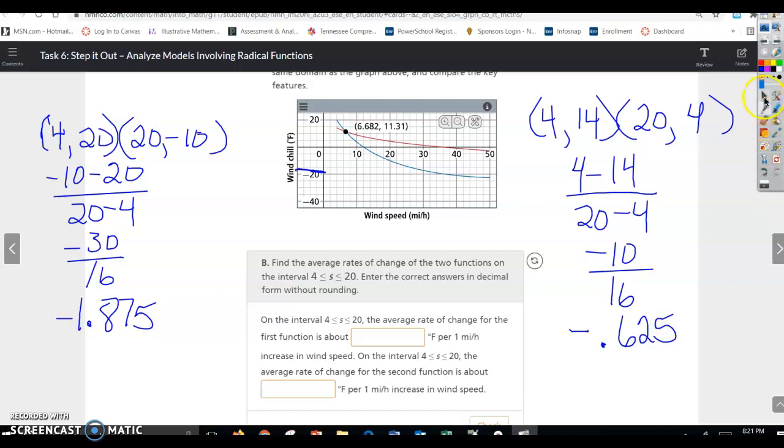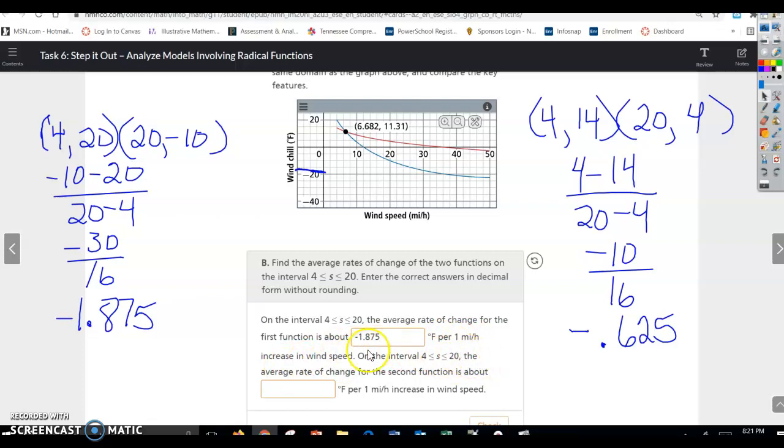If we take those numbers, on the interval 4 to 20, the average rate of change for the first function, the blue one, is about negative 1.875 Fahrenheit per 1 mile per hour increase in wind speed.